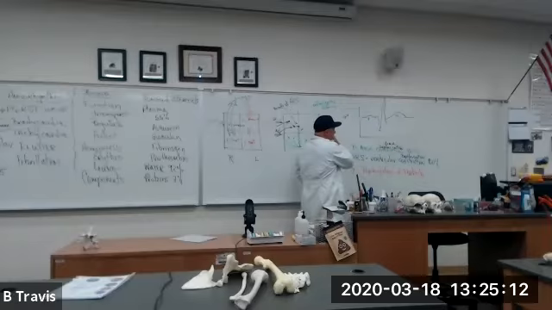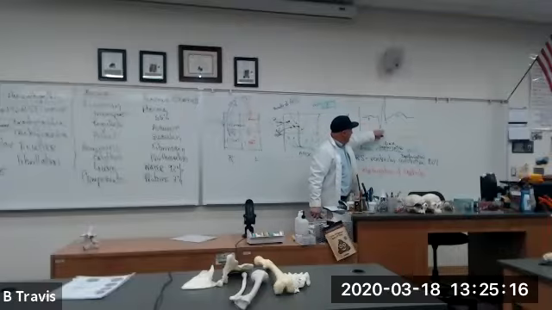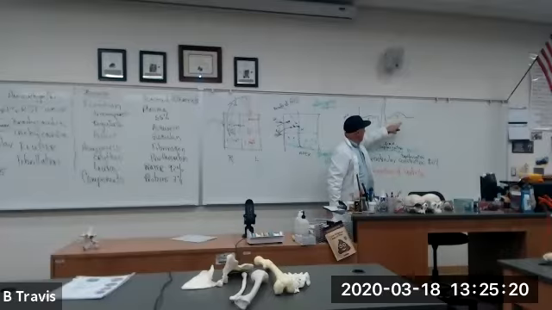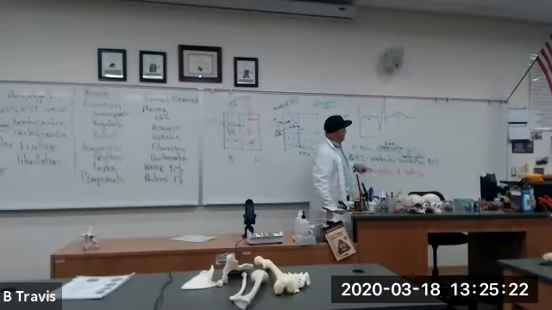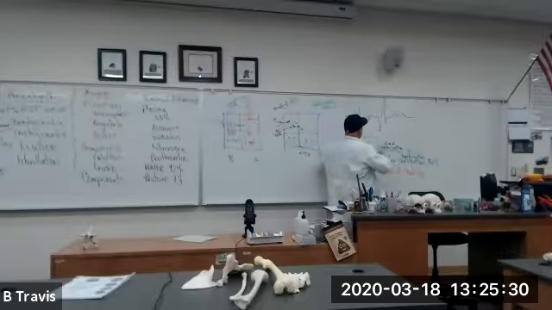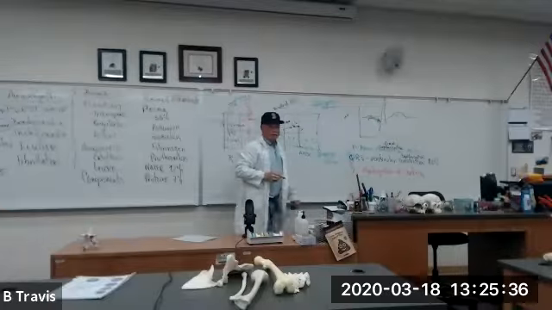Now what's missing? You depolarize the atria, you depolarize the ventricles, you repolarize the ventricles. There's nothing that shows the repolarization of the atria because it's concealed here. So when this repolarizes, it's repolarizing in here and you can't see it.